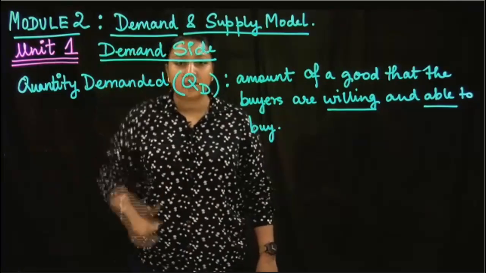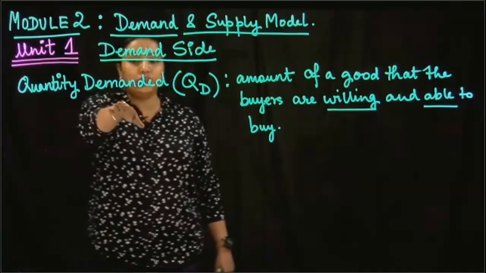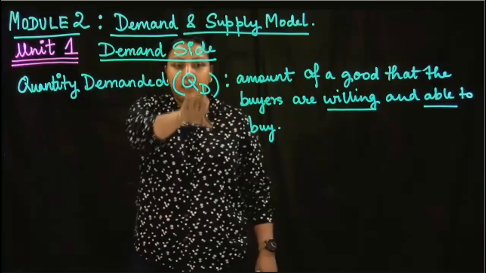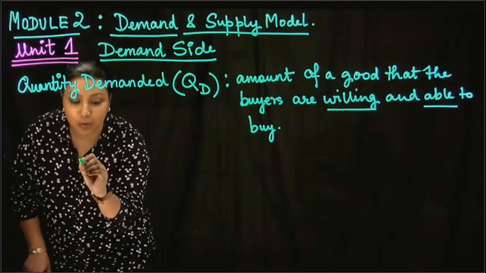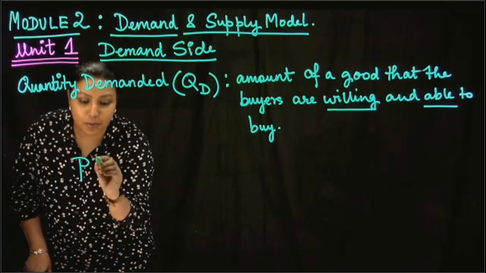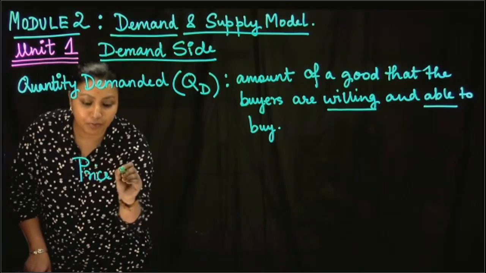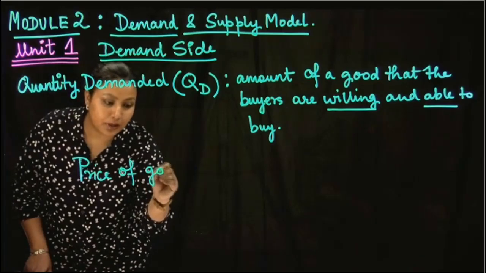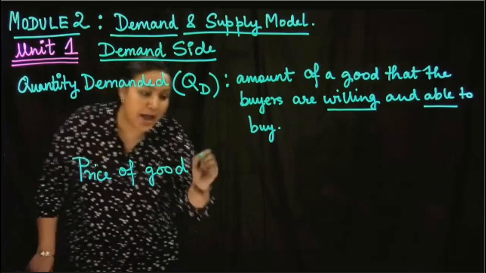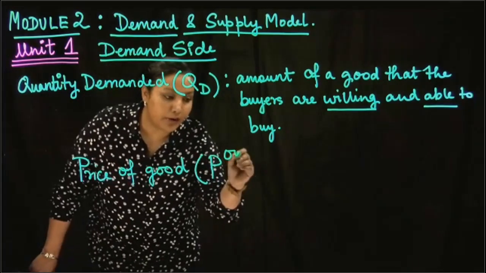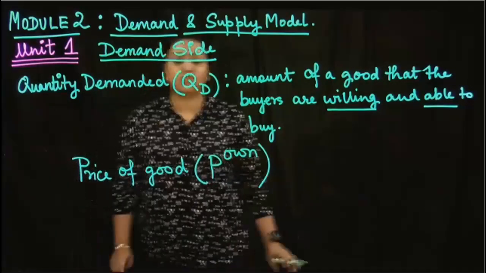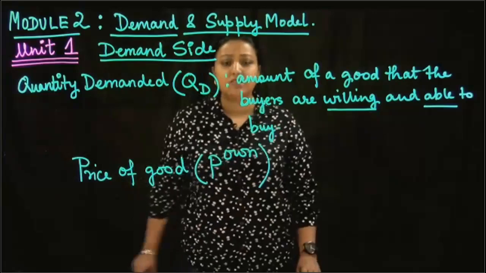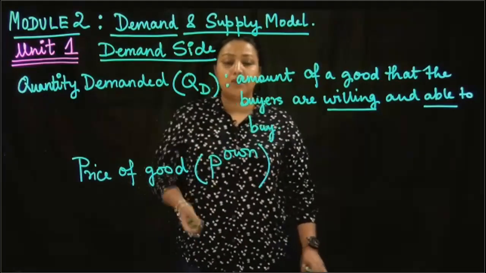Now on the demand side, we look at the relationship of the quantity demanded by the buyers, that is QD, with the market price of the commodity or good, and let's denote that as P own, where the prefix own just stands for the own price of the good.